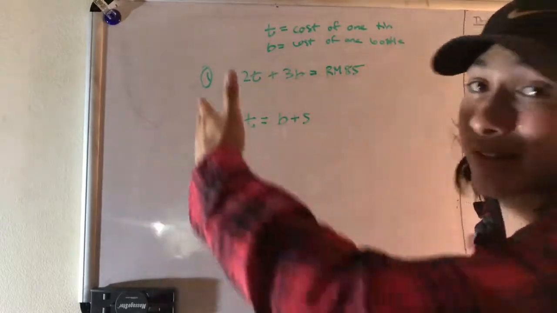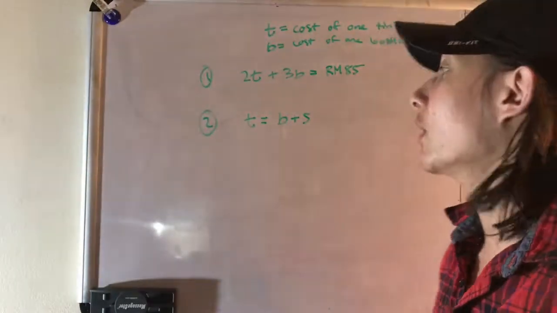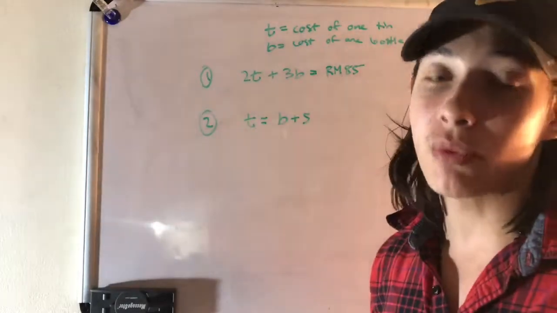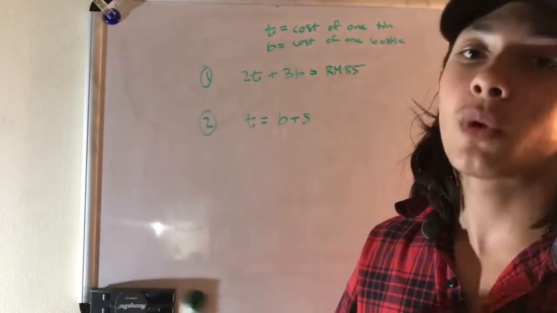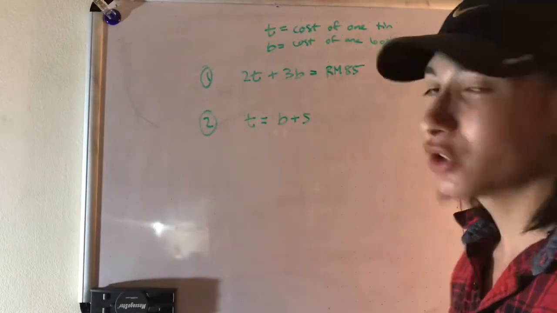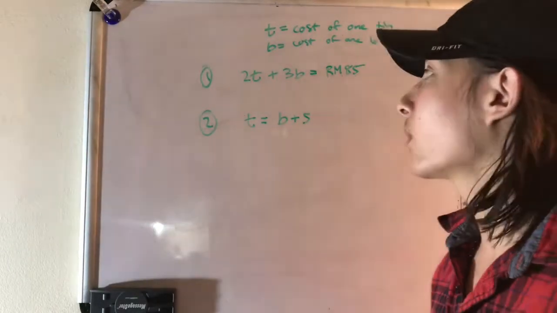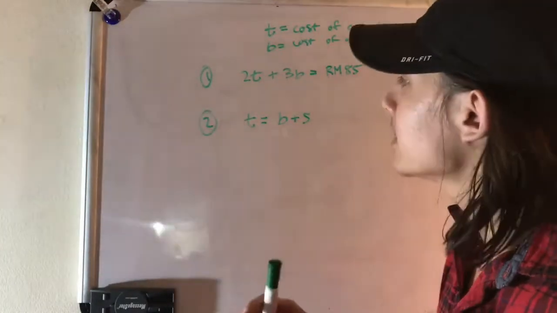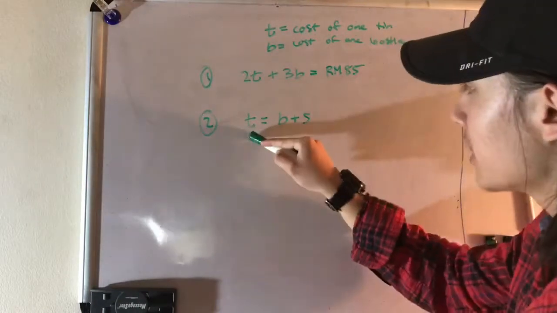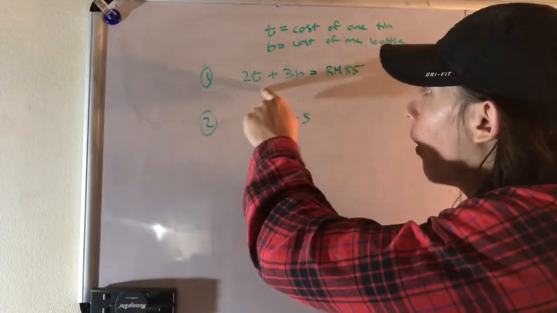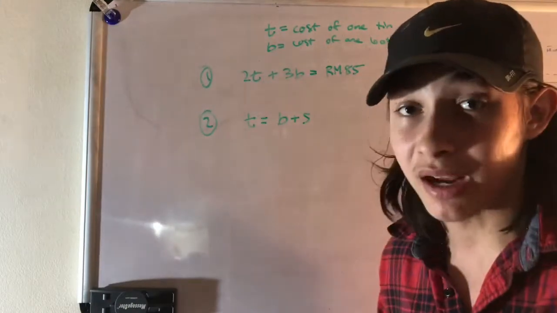And this is nothing more than a system of equations here. Since we want to solve for T, we want to find the unit cost for a tin of milk. We just want to find what T is. But to do that, we're going to have to rearrange the variables a little bit on the second equation, because if we substitute T into that, we end up with all the variables in this equation as B. But we don't want that.